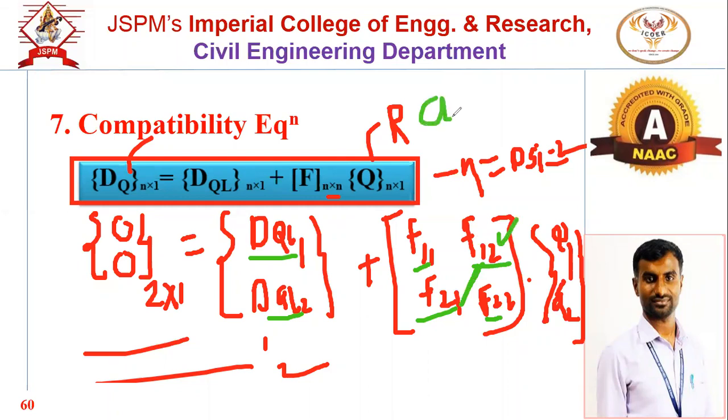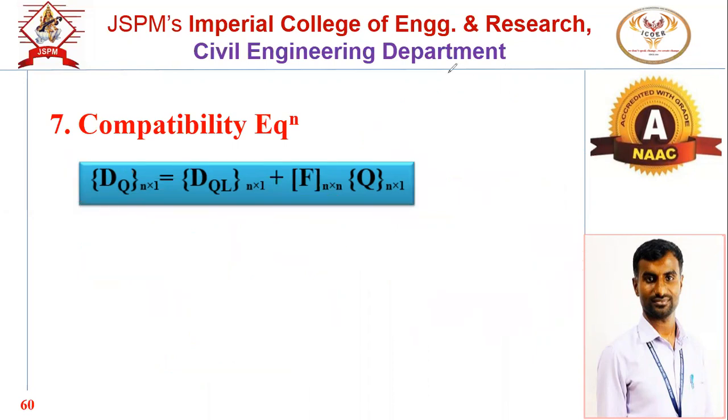Means if the element is Fij, it is equal to Fji. Means here the indirect flexibility coefficients are equal. So here only one value we have to find out. So how to find out? First we will discuss for this DQL. Okay. Then we will discuss for flexibility.